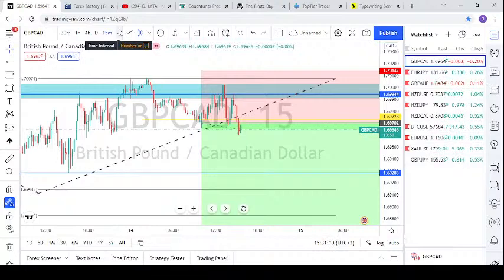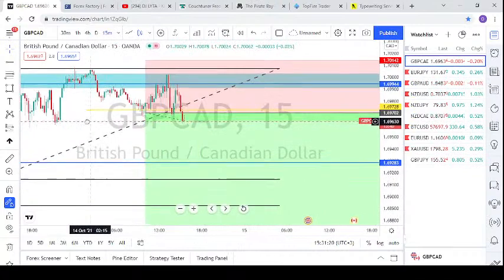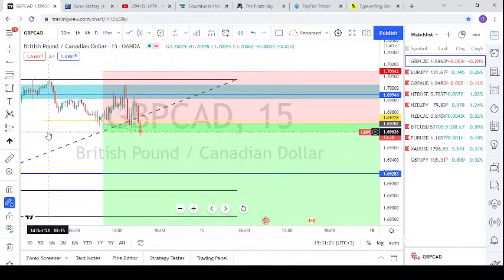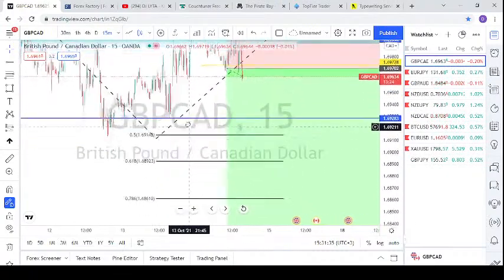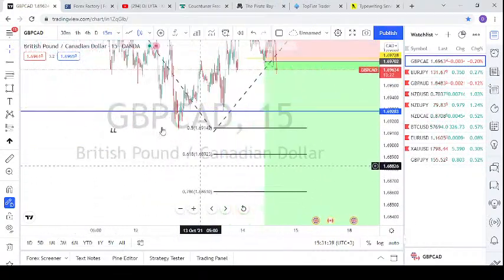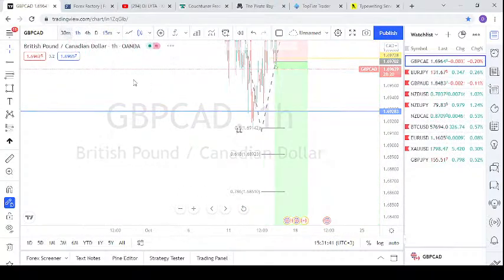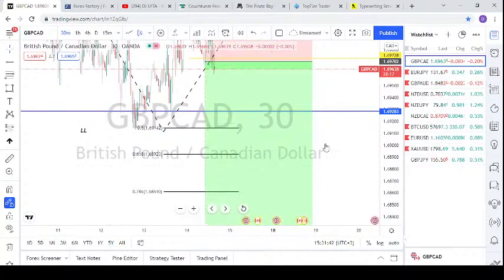Where's my stop loss? Oh, okay. $170, around 42. What about my target? Maybe I'm going to do my first target at 61.8.